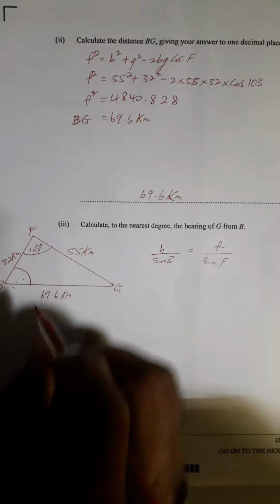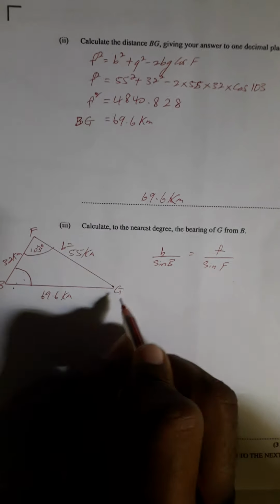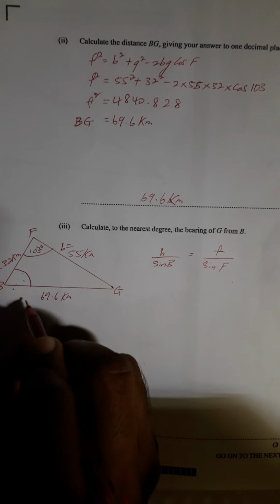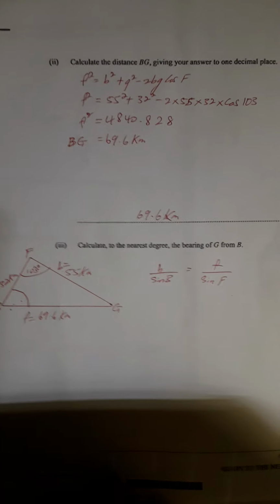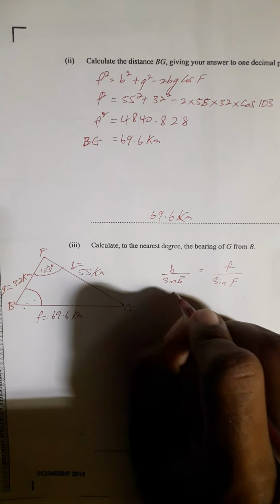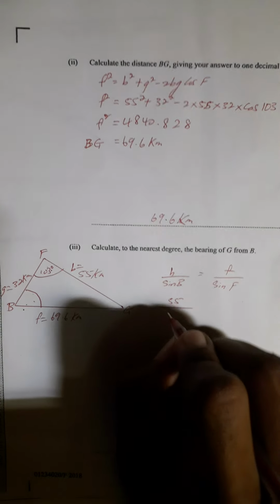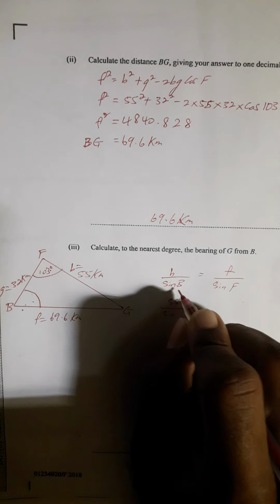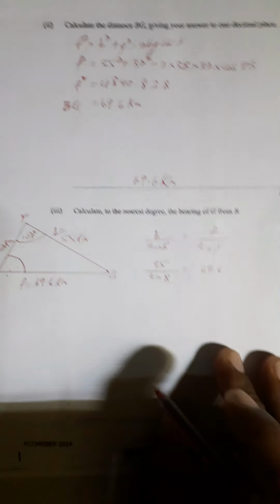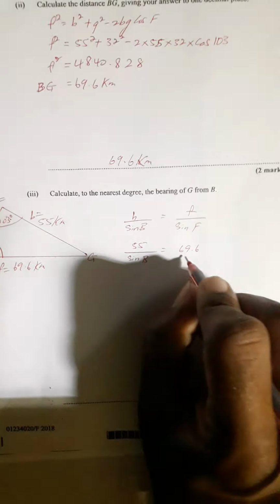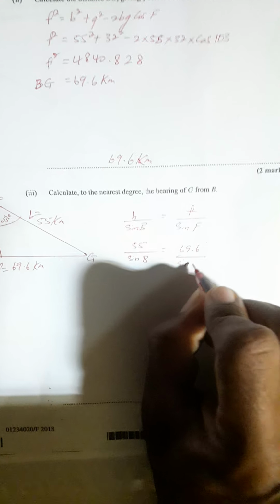Okay, so b, we know that opposite here, b is equal to that, g equals that, f equals that. Good, so everything looking good so far. So b is 55, so that will be 55 over sine angle B, which we don't know as yet, equal f, which is 69.6 over sine F, which is 103.